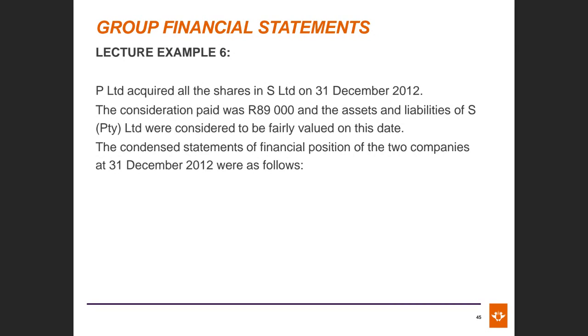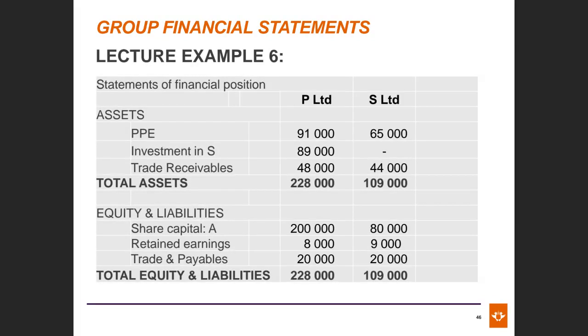The consideration paid was 89,000, and the assets and liabilities of S Limited were considered to be fairly valued on this date. The condensed statements of financial position of the two companies at 31 December 2012 were as follows. So here we have P Limited and S Limited, showing their separate financial statements.